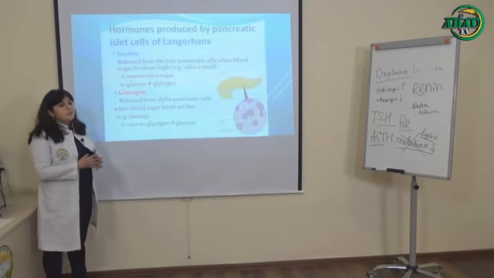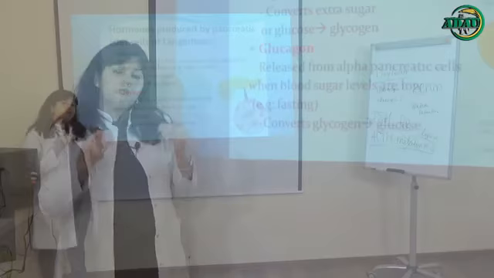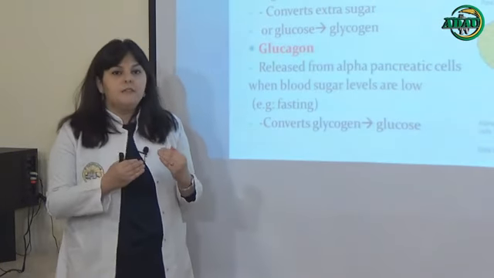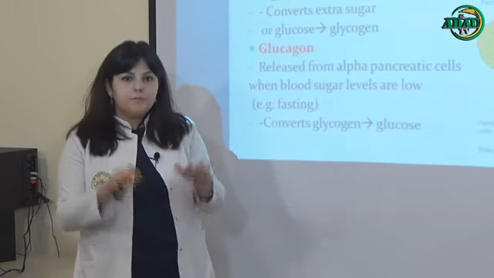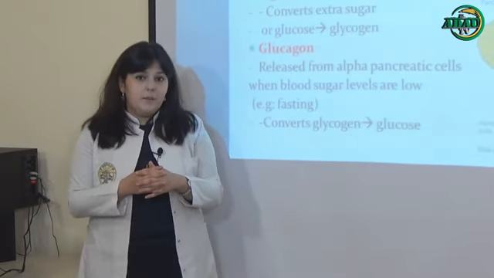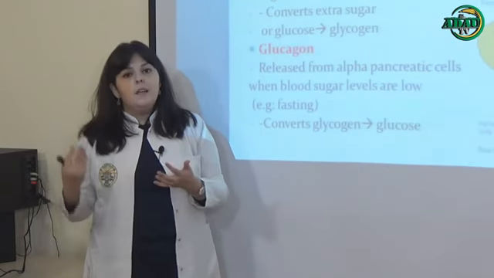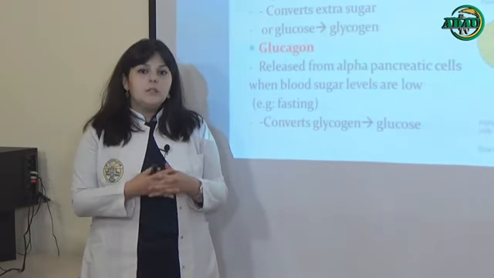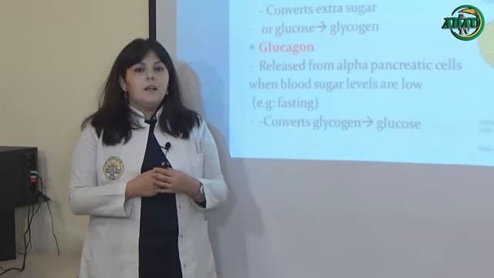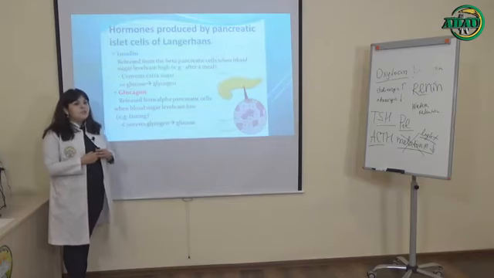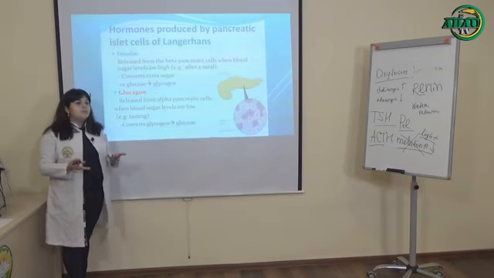The main hormones of the pancreas are insulin and glucagon. Insulin and glucagon also have antagonistic effects. The main function of insulin is to decrease the level of carbohydrates in the blood. So insulin converts the glucose into glycogen in the liver, while glucagon, if the level of glucose is low in the body, tries to break down the glycogen and increase the level of glucose in the blood.